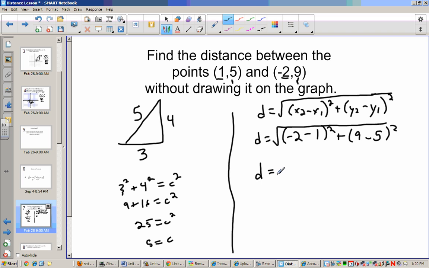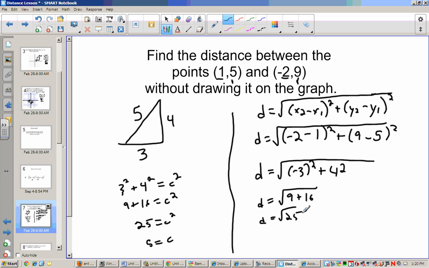So our distance is the square root of negative 3 squared plus 4 squared. Now negative 3 squared is 9. 9 plus 16 is the square root of 25. Square root of 25 is 5. So feel free to do either method. You'll get the same answer.